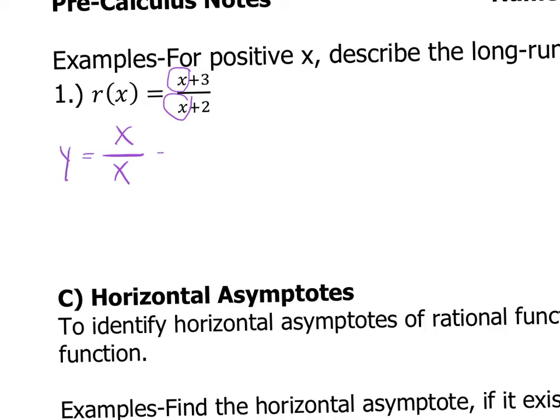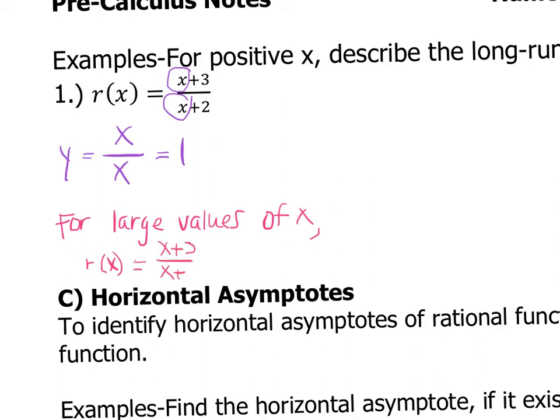When you simplify that, x over x, we know is just 1. So we would say for large values of x, the function r of x equals x plus 3 over x plus 2 looks like or resembles y equals 1. Okay? Let's look at the next one.